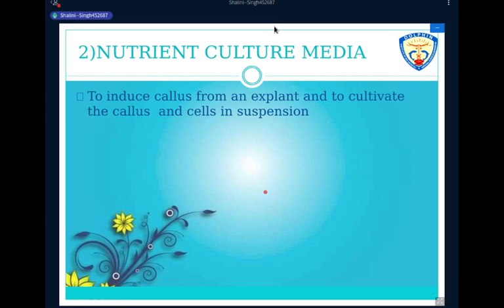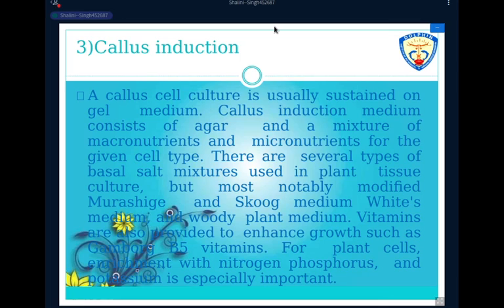You can use the same media for both processes, for callus induction and for cell suspension culture, or you can use different media for different actions. For callus induction, a callus culture is usually sustained on gel medium.